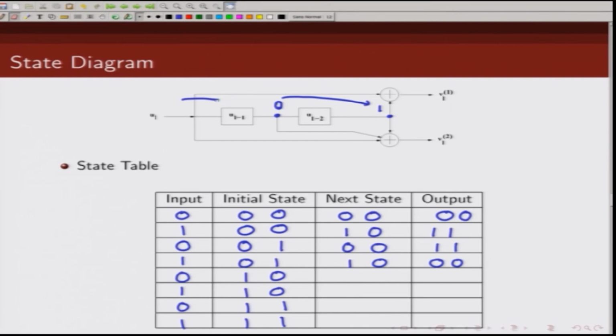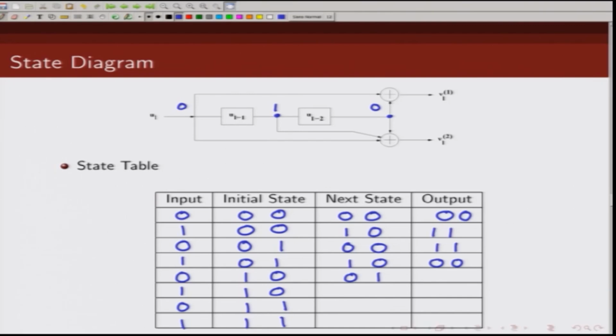Now, let us look at another case. So, next you have initial state 1, 0. If the input is 0, then the next state will be 0, 1, and what is the output?